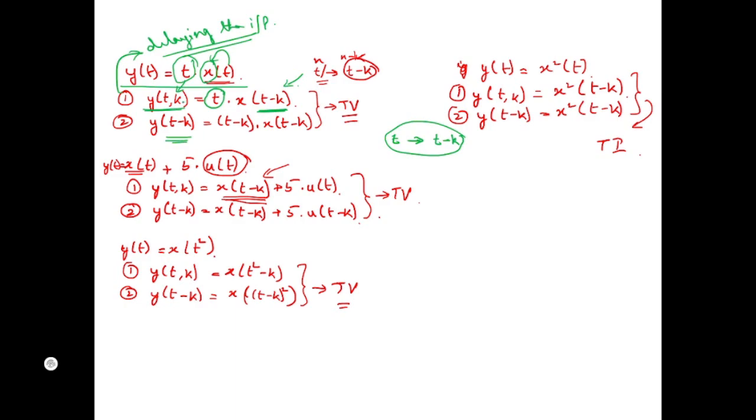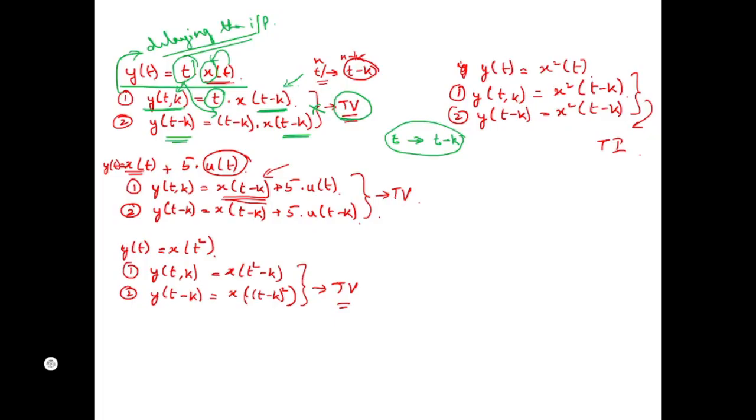In the next case, we are just replacing t by t minus k, so this t and this t both got replaced with t minus k. Now these two equations, 1 and 2, are not equal, hence it is a time varying system.